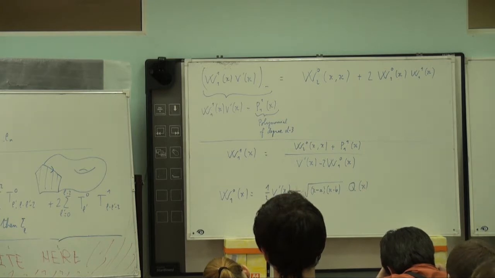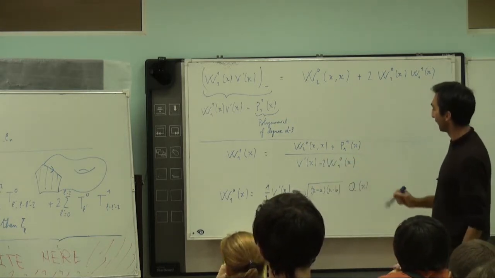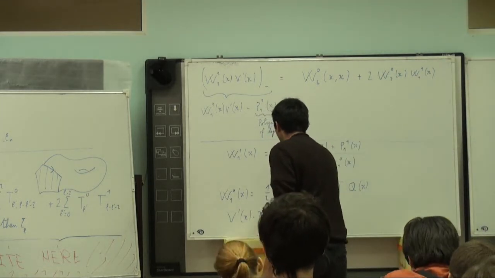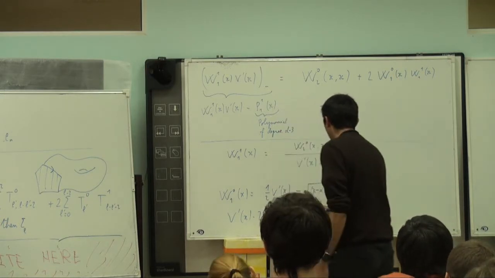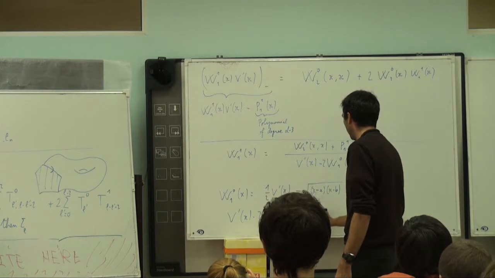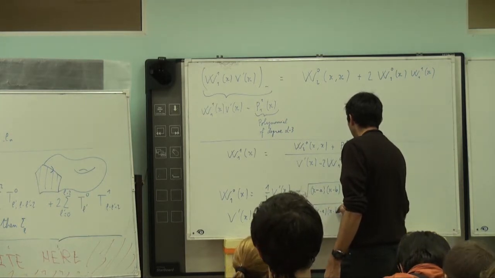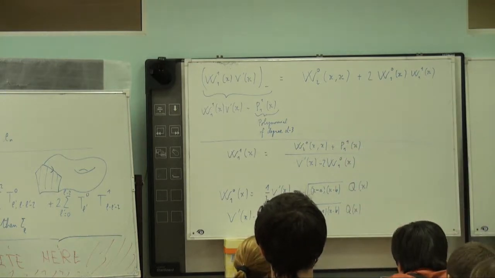So you see the combination V' minus 2 W_1^0 is this quantity: V'(x) minus 2 W_1^0(x) equals 2 times the square root of (x minus a)(x minus b) times q(x).